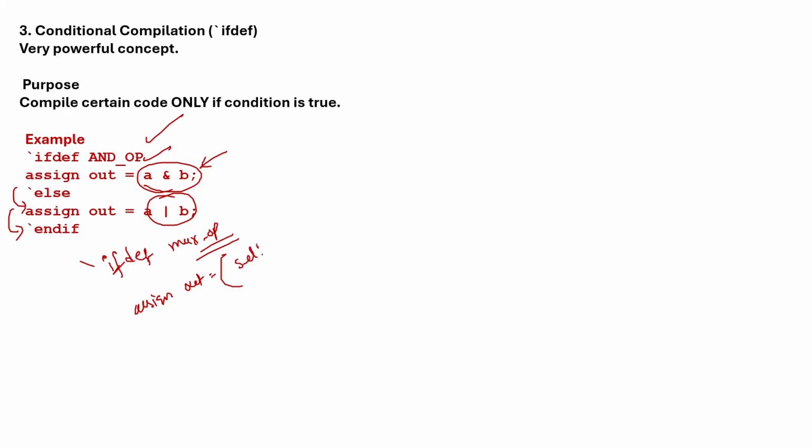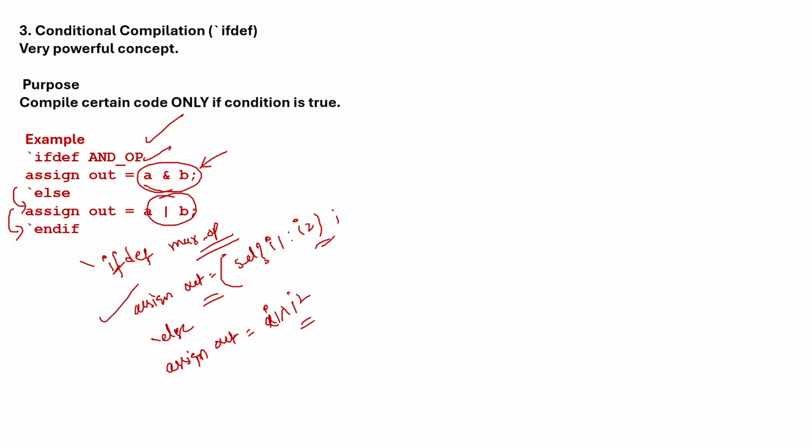If it is true, then I1 will be getting to the output, and if it is false, I2 will be getting to the output. Otherwise, the tick else condition is doing some other operation, then assign out equal to I1 XOR with I2.